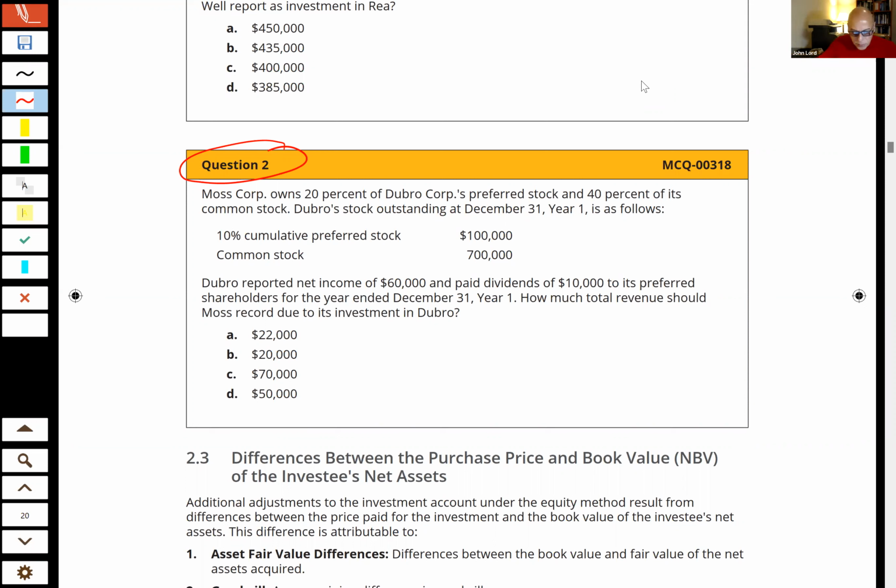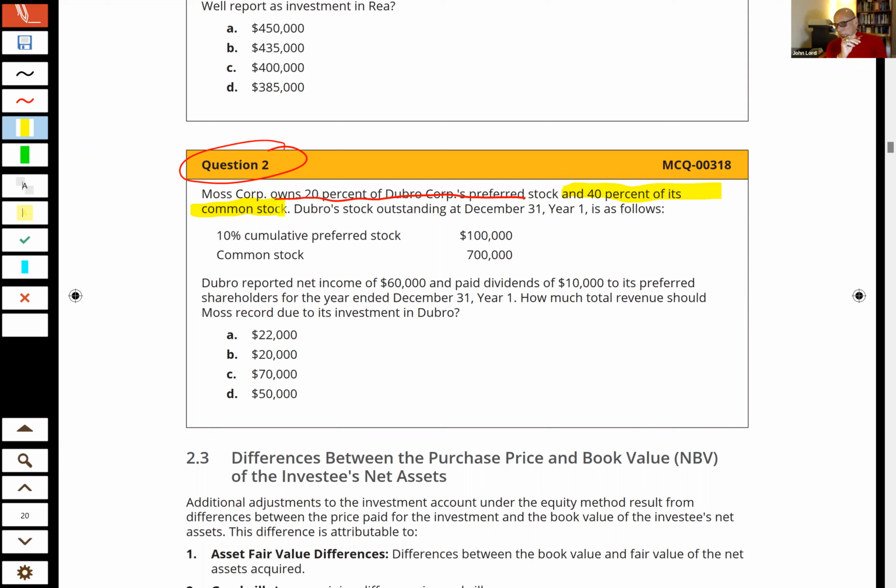And so you look, and they tell us that we have 20% of the preferred stock. And then we got what? We got 40% of the common stock. So we're going to use the equity method because we're well past that 20% threshold.